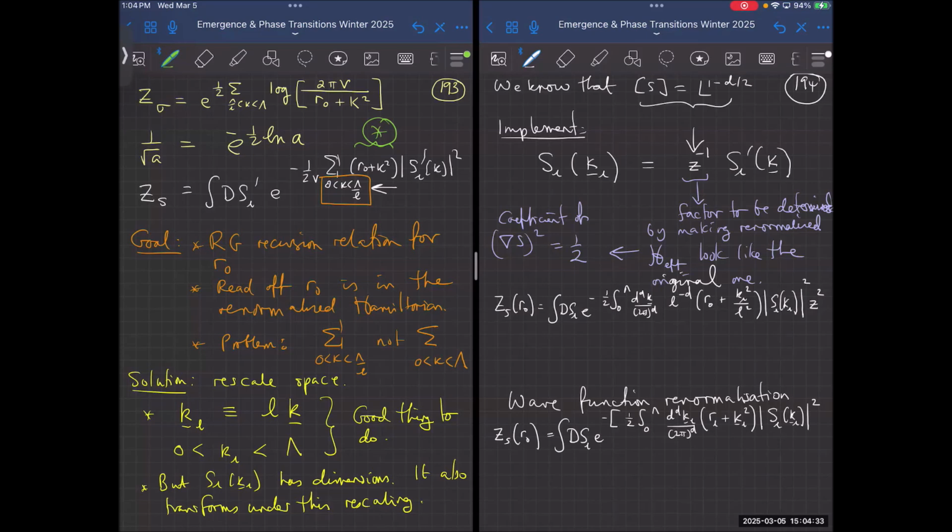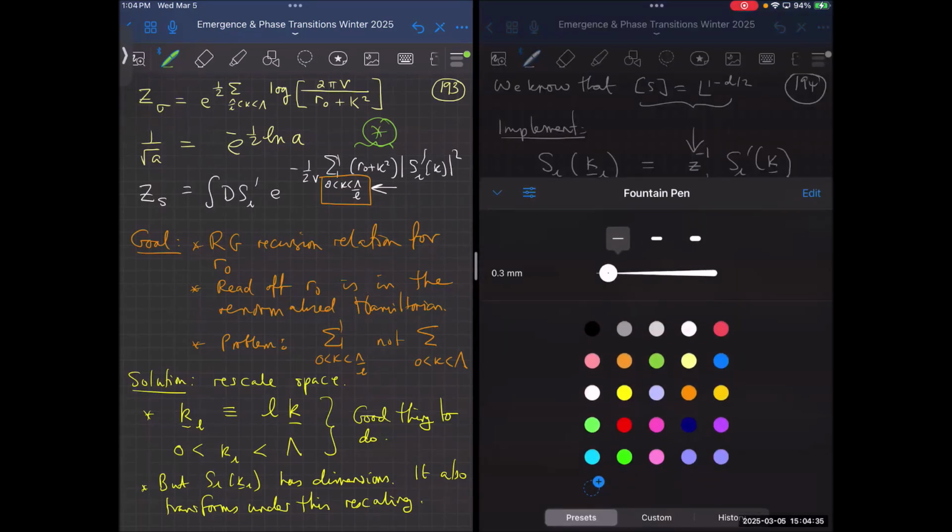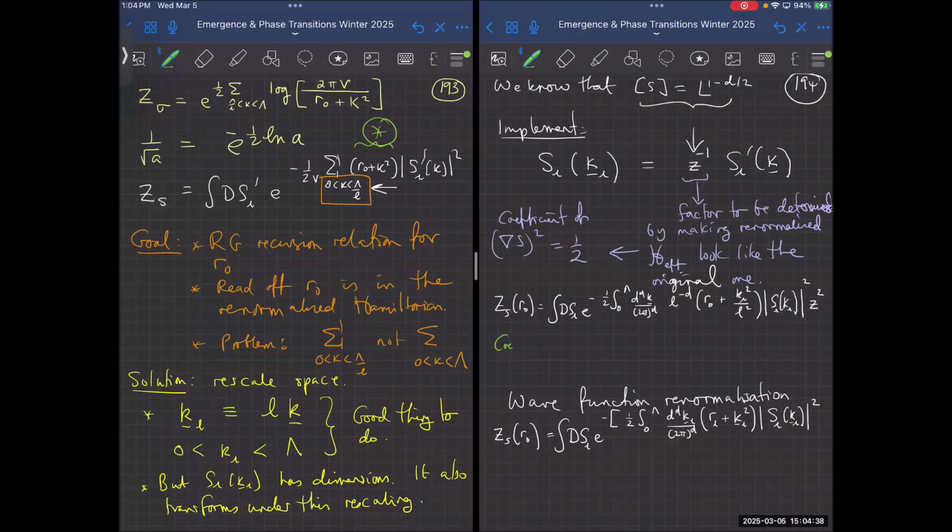So if you look at the coefficient of k_L squared, let's have a look at that. So if I look here, I've got minus 1/2, then I have L to the minus d plus 2, like that. That's the two factors of L. Then I have Z squared, and then I have k_L squared.